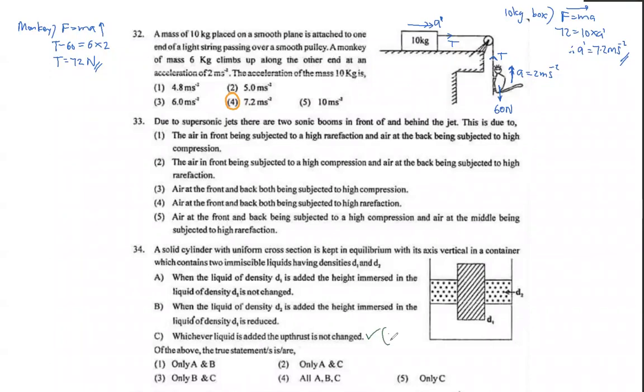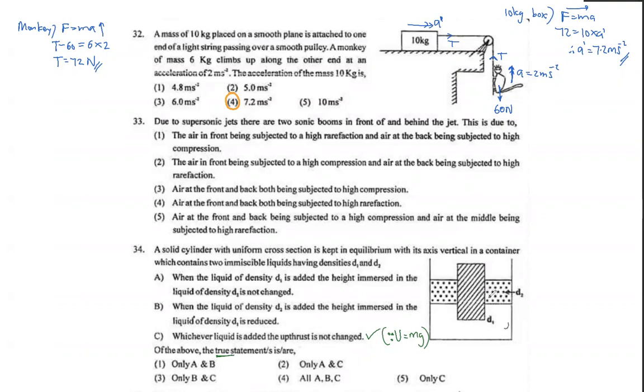Why is that? Because upthrust is equal to mg. They're asking for true statements. Upthrust is equal to mg. So no matter how much liquid you are pouring, the upthrust, I hope they are talking about the total upthrust.